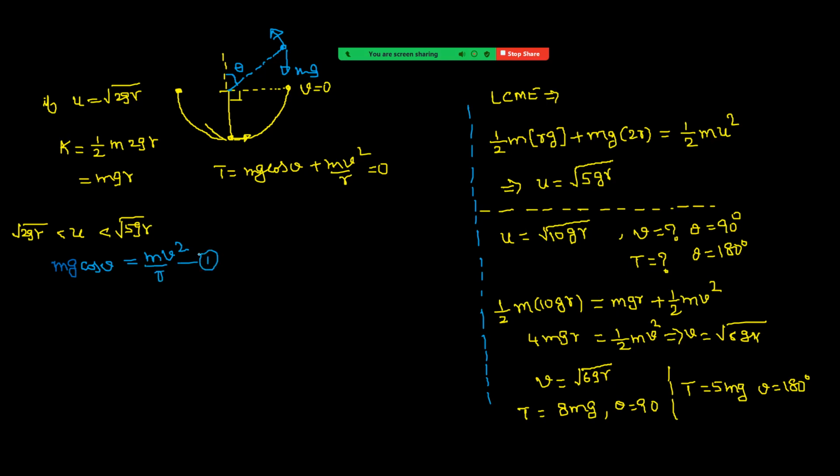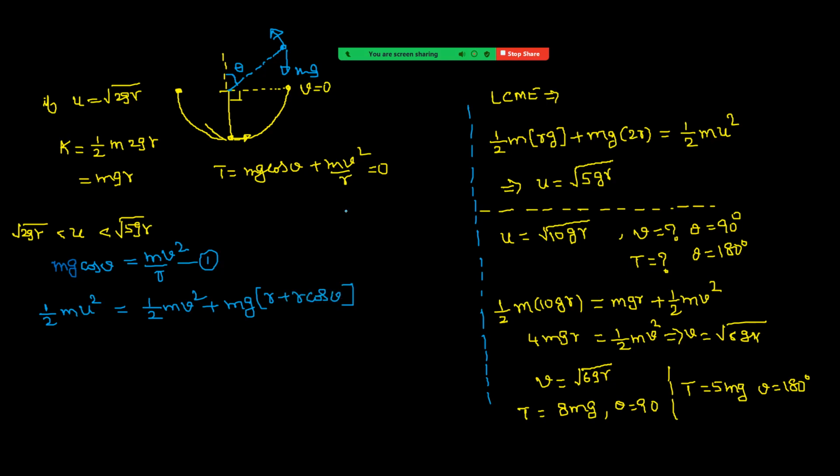One equation. In this, theta is not known. V also not known. We have two unknowns and we got here one equation. Second equation is the energy equation. So I am writing here, by taking the bottom as reference level, initially kinetic energy half m u square is equal to present half m v square plus potential energy, h value r plus r cos theta.